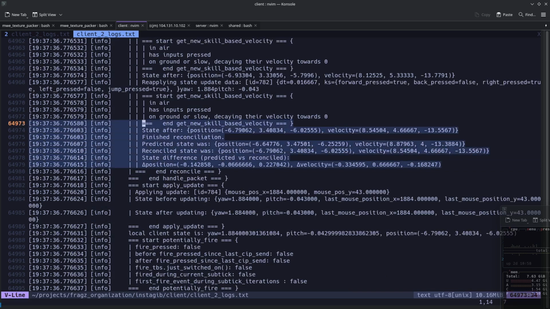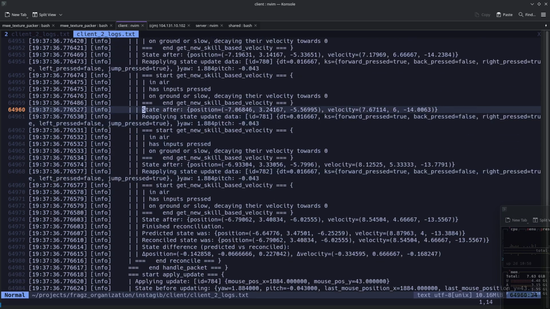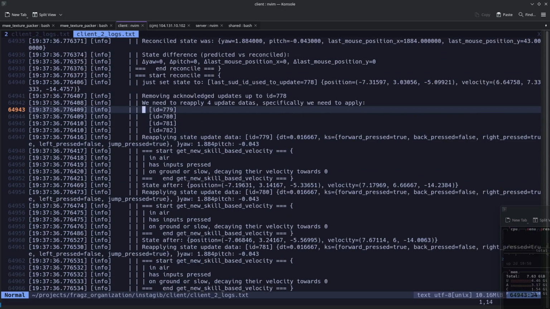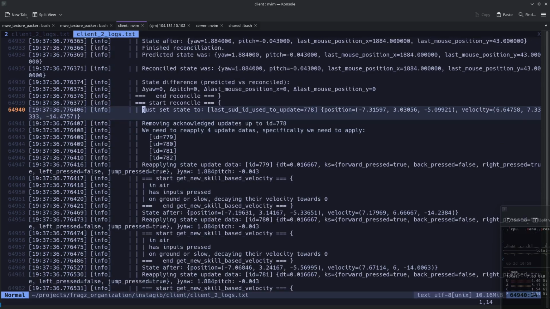And why did this error happen? As you know, in the reconciliation algorithm, an error can only happen if the authoritative state we set at the start of reconciliation was different from the actively... how do I say that?